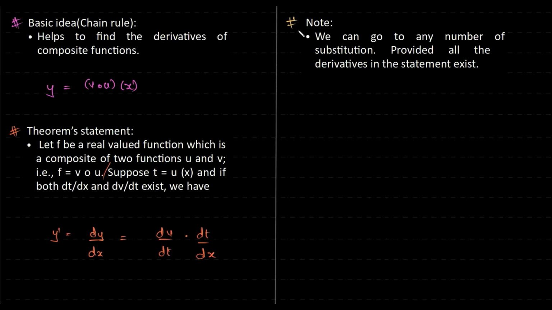So it's an easy thing to guess that we can have any number of substitutions. I can end up with y, which is say v of u of w of x. So it's basically a composition of three functions.